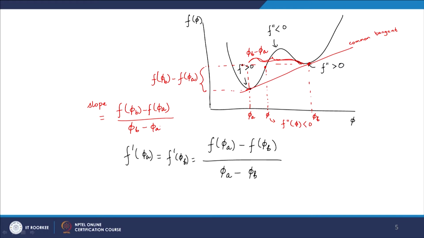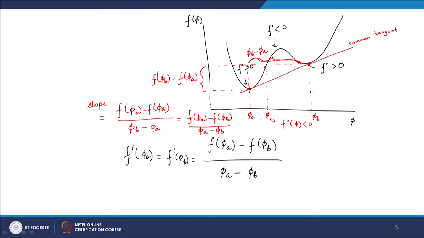Simply if I just take a minus sign on both top numerator and denominator, we do recover the relation we have. Of course, we can interchange phi A and phi B, it makes no difference in the whole scheme of things.